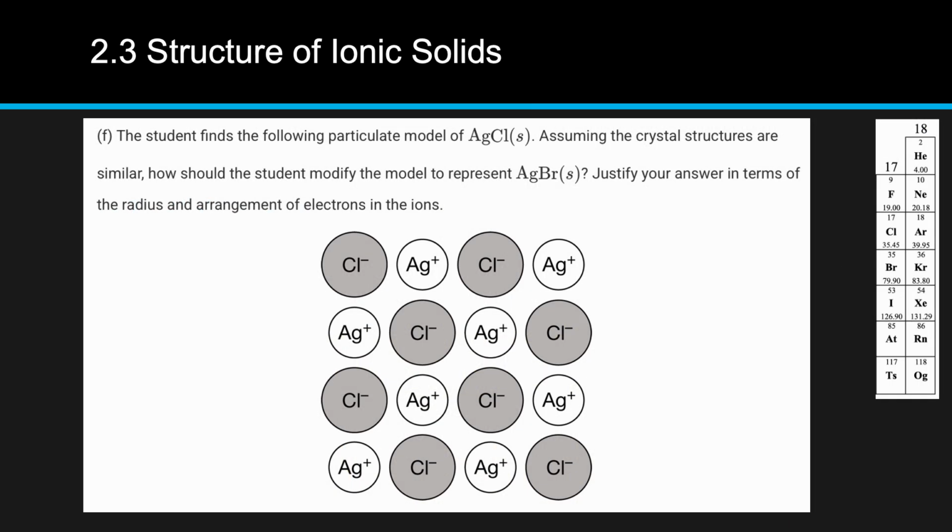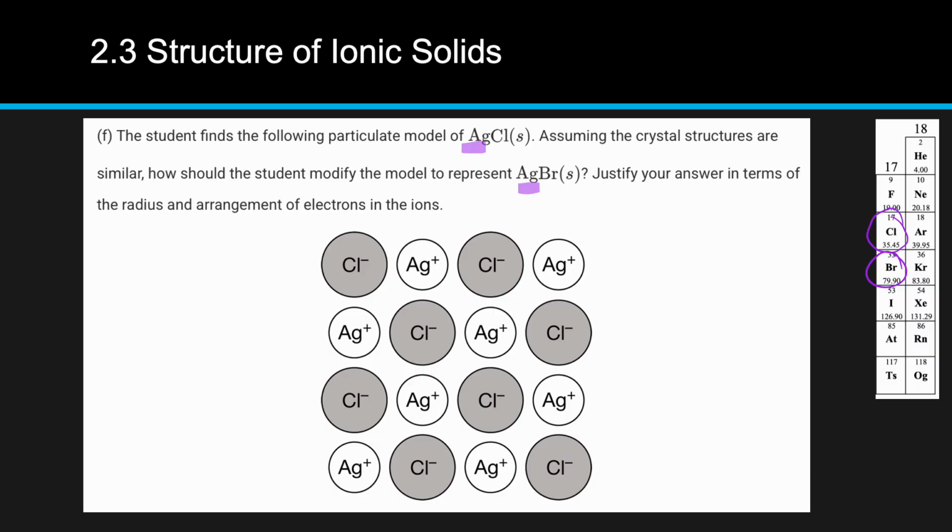All right, to close out this video, let's go over a previous FRQ given on 2.3. It says the student finds the following particulate model of AgCl. Assuming the crystal structures are similar, how should the student modify the model to represent AgBr? So both of the ionic solids have silver in the compound, so we're specifically looking at chlorine and bromine. Now, chlorine and bromine are both halogens that form a -1 charge.